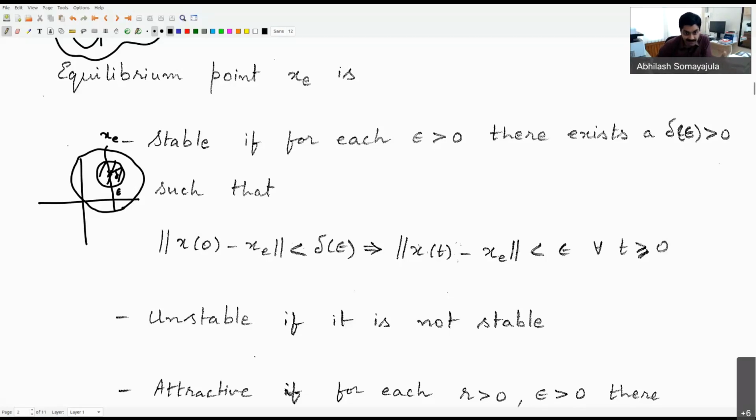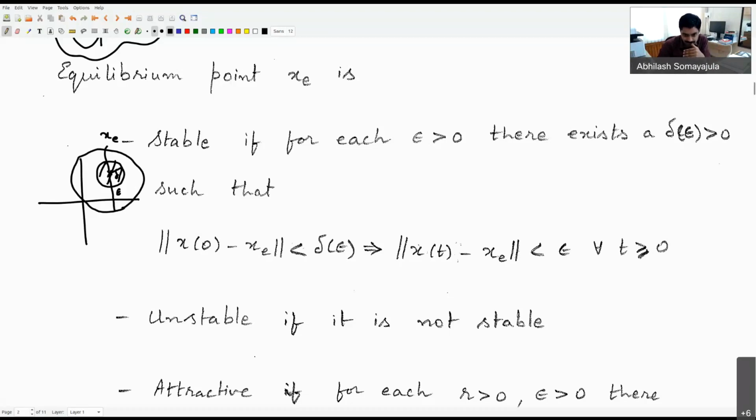If I can't find a delta, then it is unstable. That's all it means. I can't find a delta such that these small starting points will ensure that, then such a system is called an unstable system. Okay, but I am not quite sure I answered your question. Can you repeat your question one more time? I didn't quite get you.